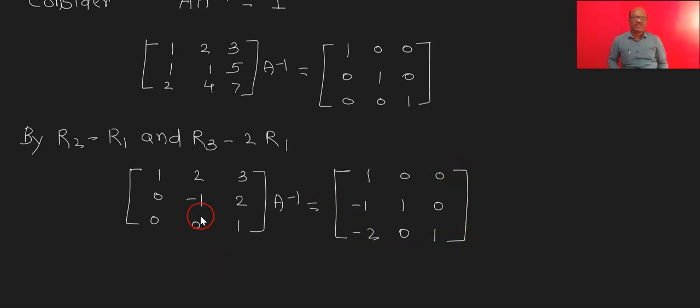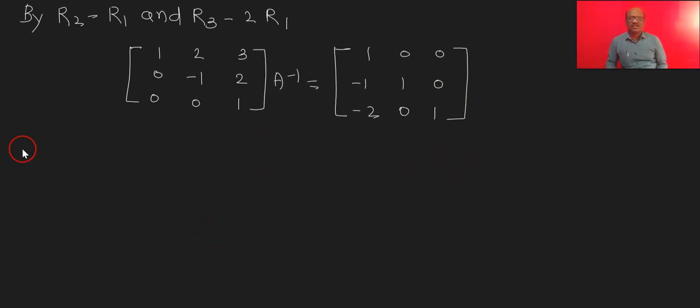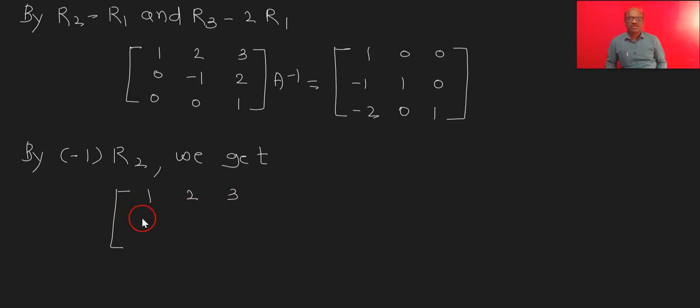Okay. Now make this element, R2's minus 1, as a plus 1. Therefore by minus 1 times R2 we get 1, 2, 3, 0, 1, minus 2, 0, 0, 1.